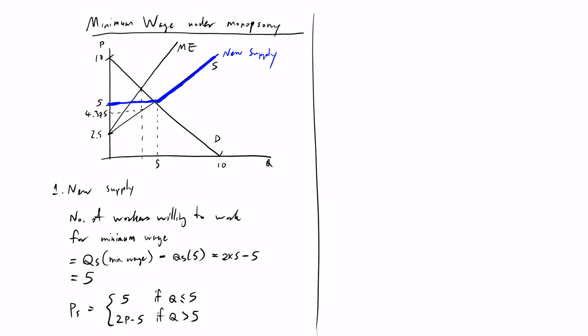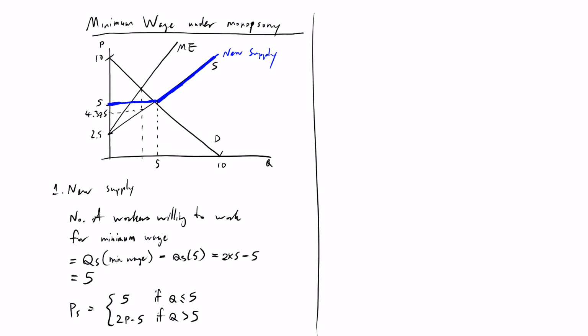And now we need to find the marginal expenditure. So let's take a look at how the marginal expenditure looks. As I already explained, if you're only hiring minimum wage workers, each of them costs you the minimum wage. You're not paying anyone extra by hiring more.